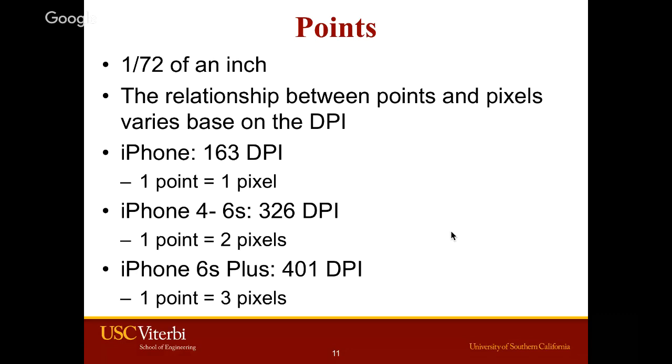One size for the display of the iPhone, one image size for the display of iPhone 4 to iPhone 6s, and then one for the iPhone 6 Plus. So if I have an image here, it's 500 by 500 pixels, and I want this to look like this on an iPhone 6 Plus.